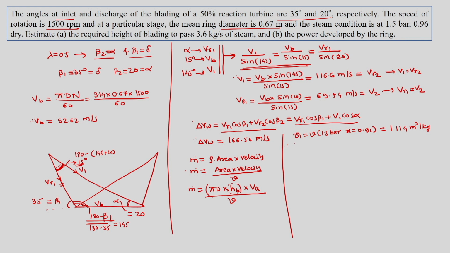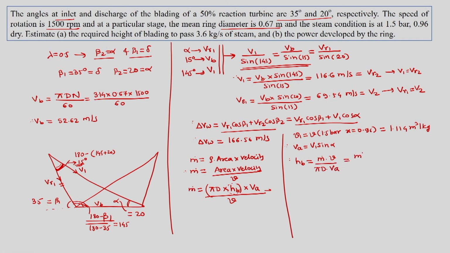So once this is known, we can make use of the fact that VA is equal to V1 sin alpha. So this formula can be rearranged and written as HB is equal to m dot into specific volume divided by pi d into VA.